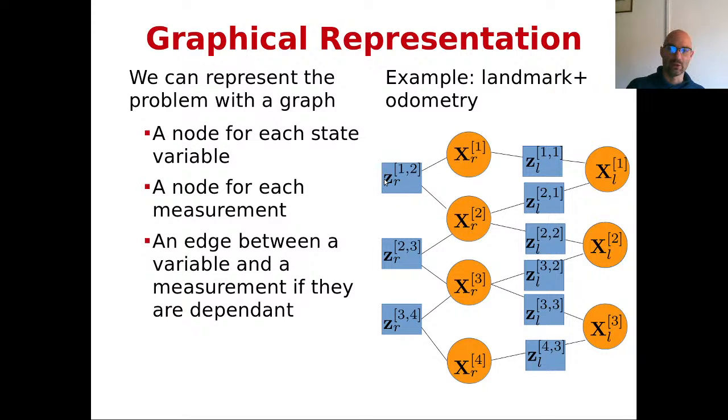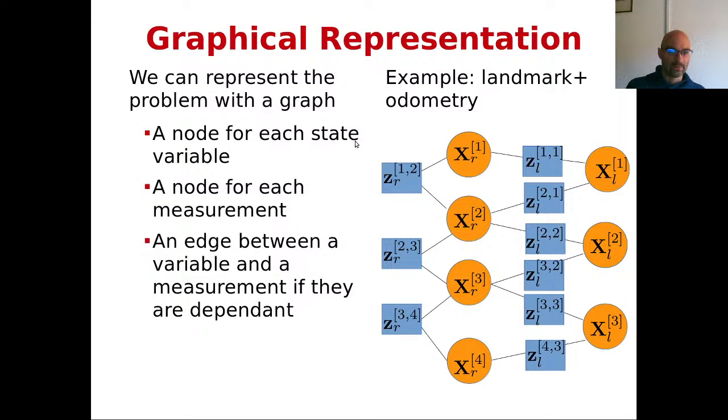We will call it a factor ZR, that connects the robot position XR1 with the robot position XR2, and it will be used to measure the error between an odometry measurement of the robot moving from here to here. And let's say it's an SE3 object, a pose thing that we have already seen. Okay? Programmatically, what we have to do is only to add to the generic H matrix the blocks of this thing, but we will see it in a while. Okay?